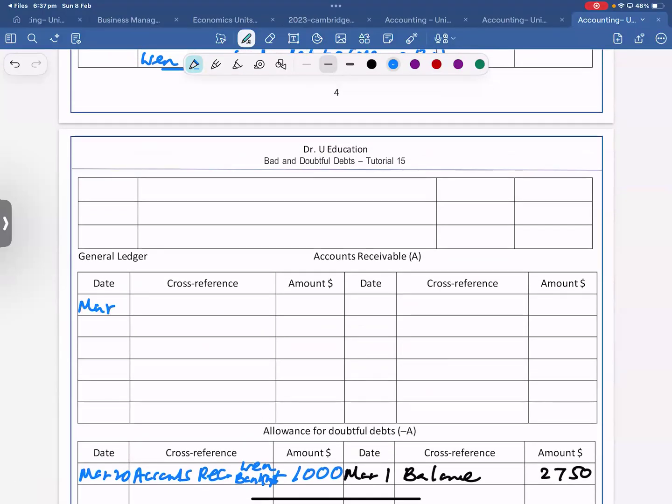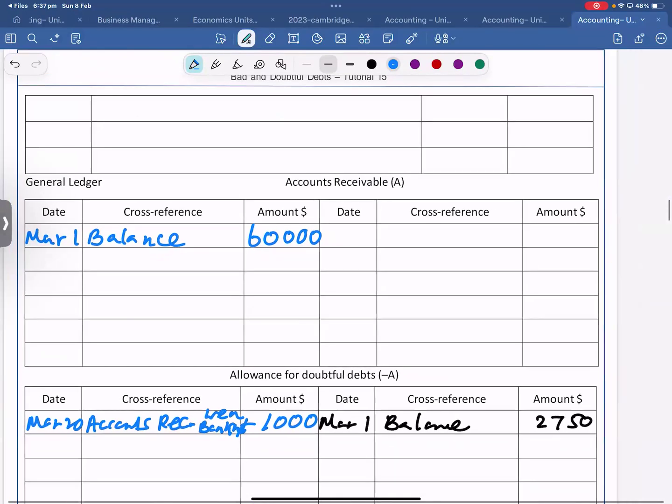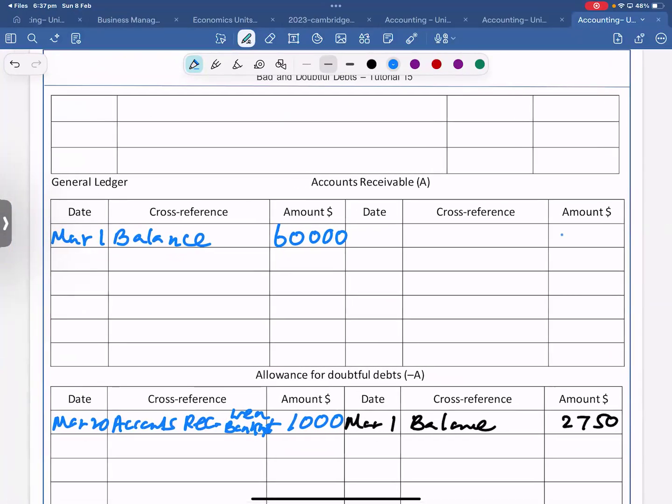March 1st, balance is 60,000. Then what do we do, guys? You are crediting the accounts receivable. How much are we crediting? 1,100. What is the date? March 20, right?